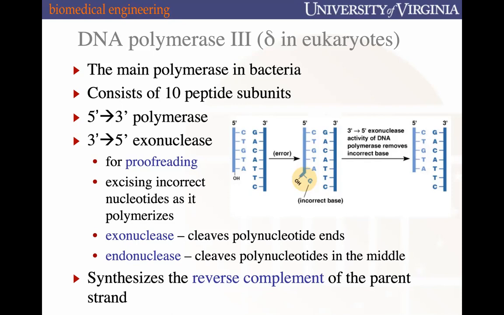This is a process that's constantly undergoing, where it's constantly proofreading to make sure things are okay. If it's not, it's going to switch activities and move in the opposite direction. Once it reaches a point where the conformation is correct, it's going to switch back, be a polymerase, and keep going in the 5' to 3' direction.